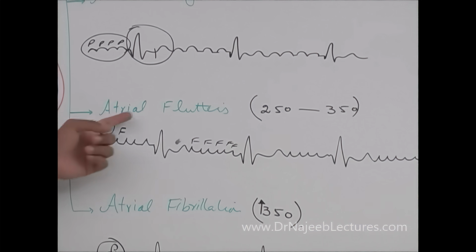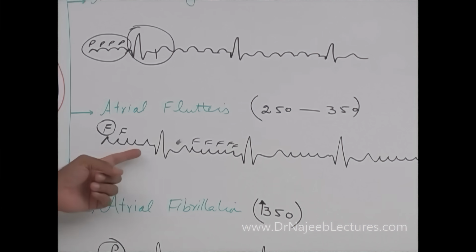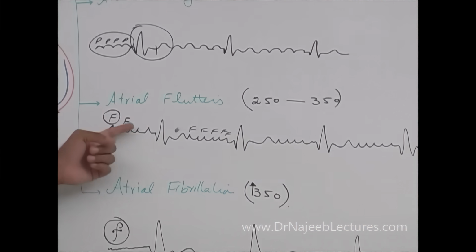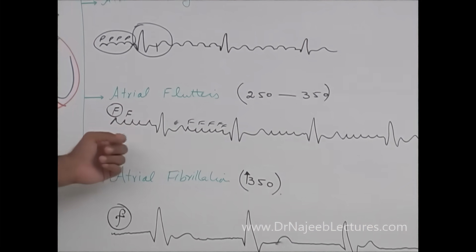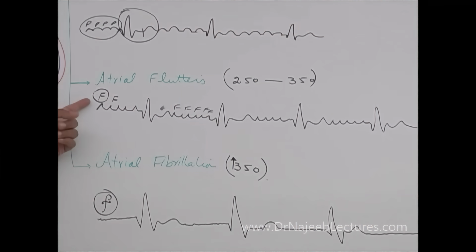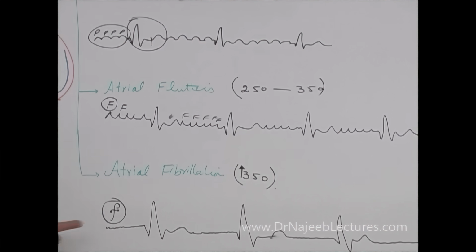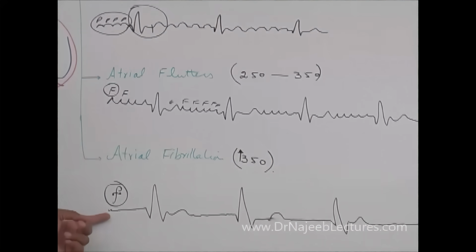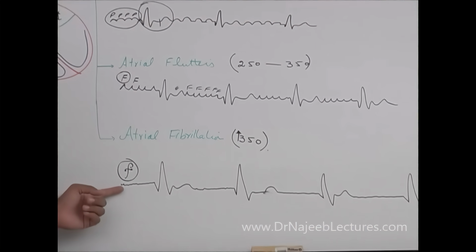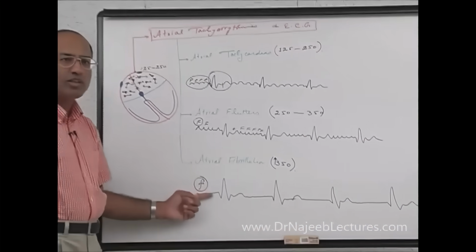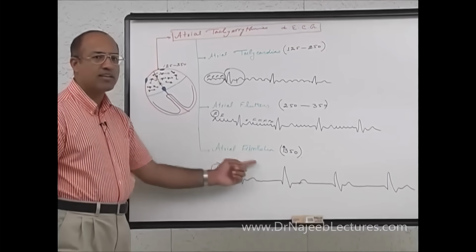In atrial flutter, there are no well-defined P waves, rather we see sawtooth-like baseline fluctuations, and we call them flutter waves. And in atrial fibrillation, the fibrillation waves are multiple and very small, showing slight oscillation in the baseline, occasionally punctuated by QRST complexes.